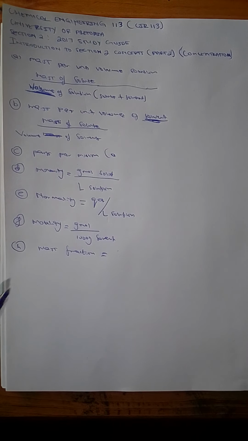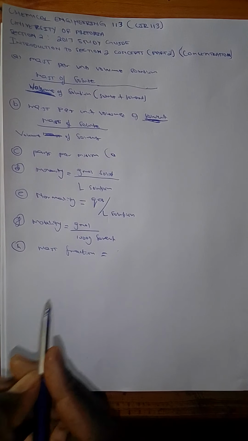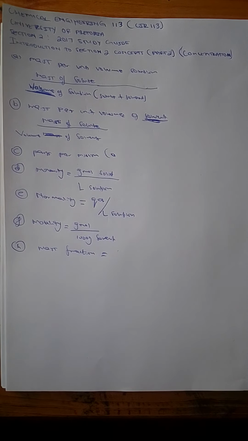It's not really percentage, but I just want to use the word percentage to make the explanation easier. Let's say you have 3 compounds and you know their masses. If you want the mass fraction of a specific element or compound in that mixture, you just say the mass of that particular compound all over the total mass.